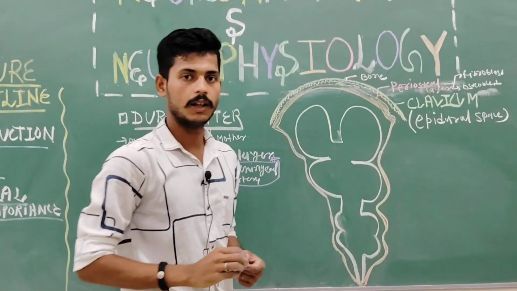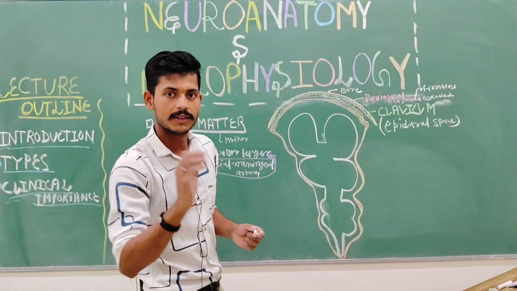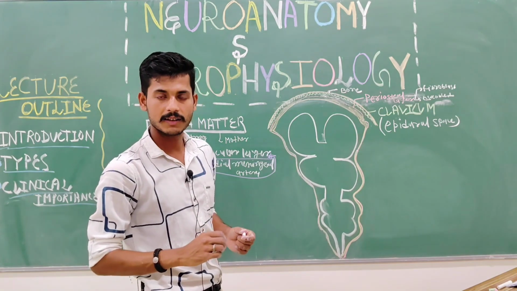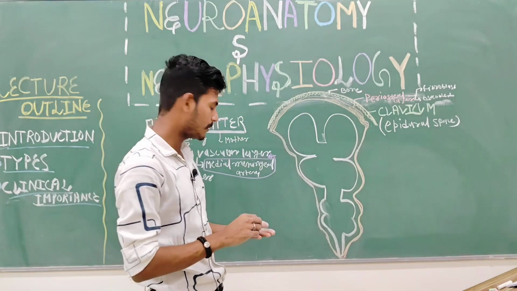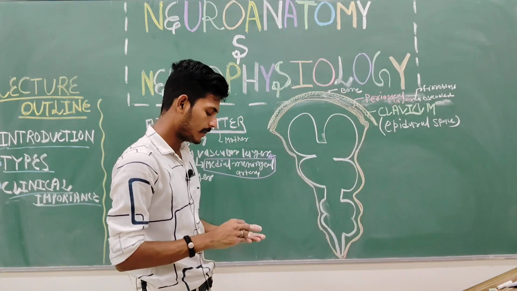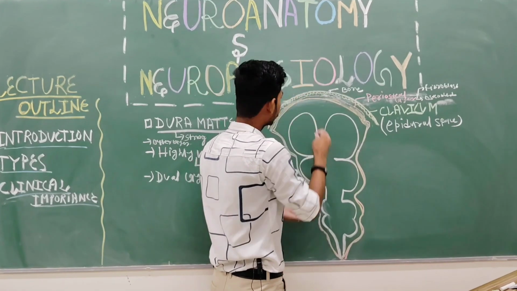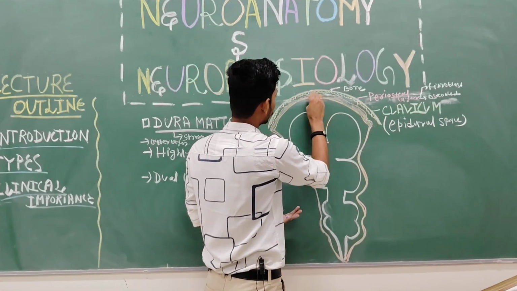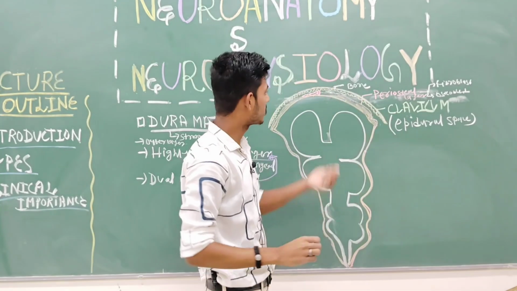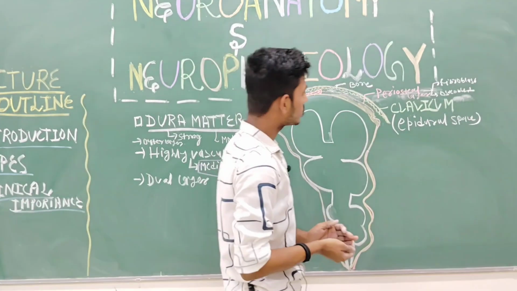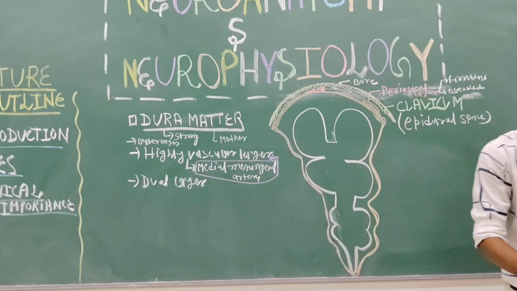Now, you are thinking why I am emphasizing this space? Because there is a clinical importance of this space. As I said, there is the meningeal artery, which is present between the periosteal layer and the clavicum.